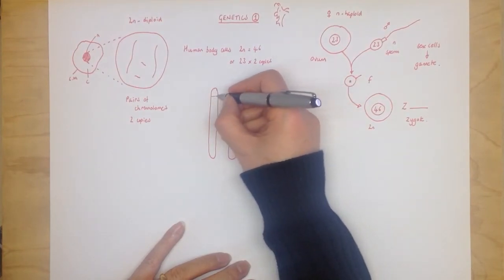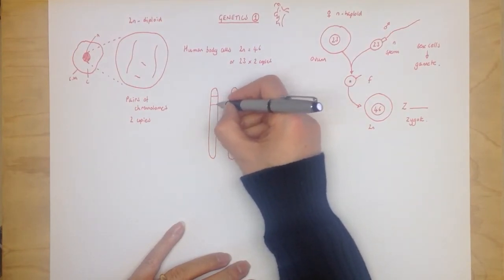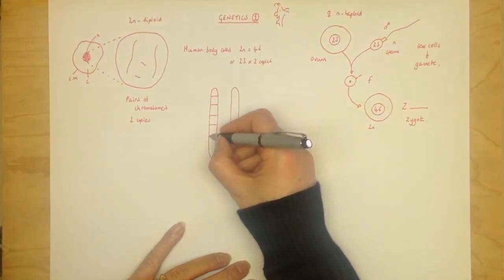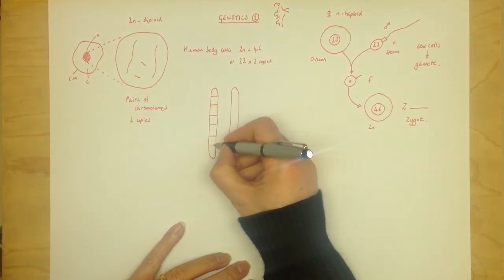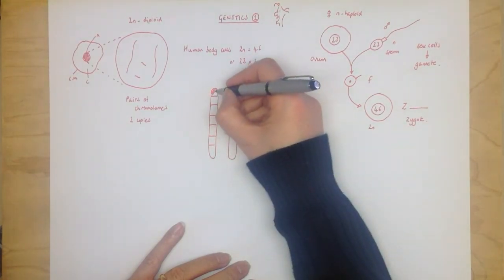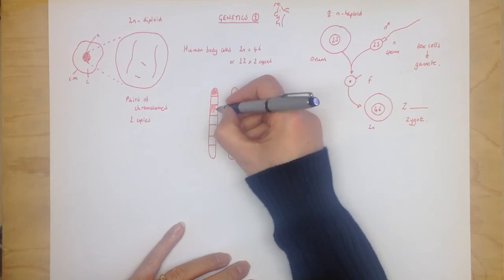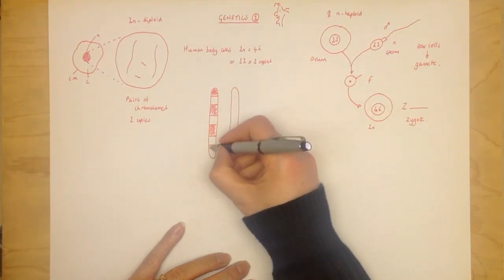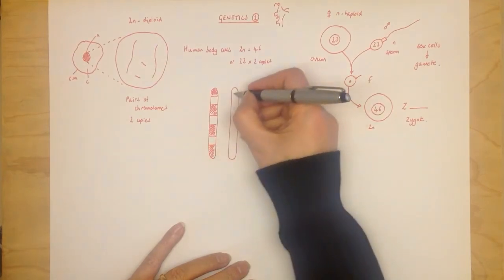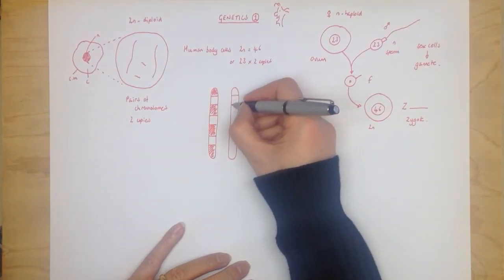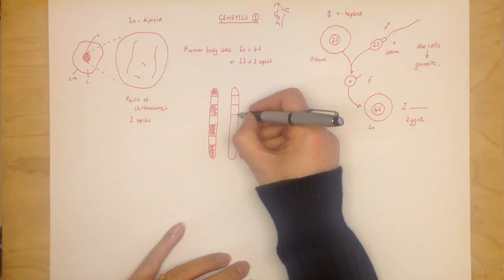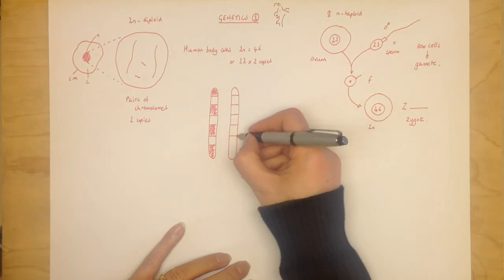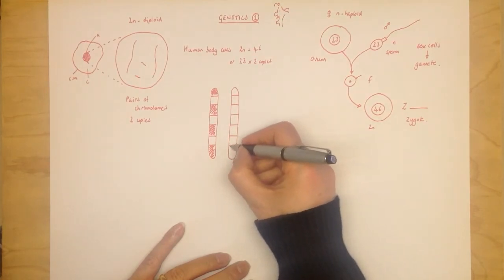Now I'm going to imagine that this is a very simple chromosome that only contains 3 genes. Chromosomes contain many more genes than that. But I just want you to understand some language. In exactly the same position on the copy of the chromosome, you will find copies of the genes.